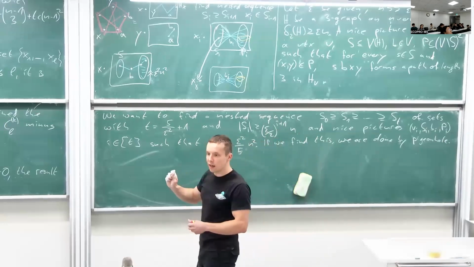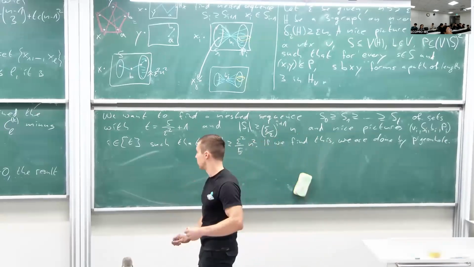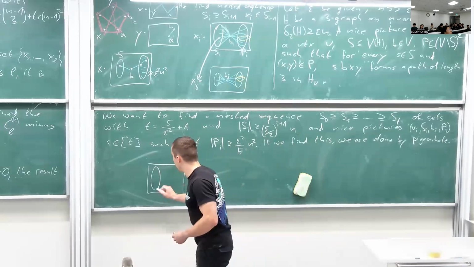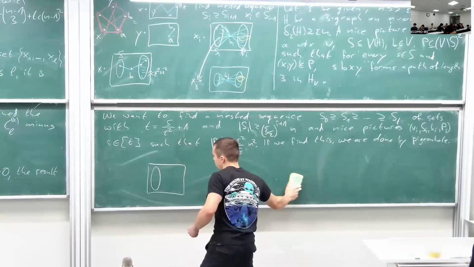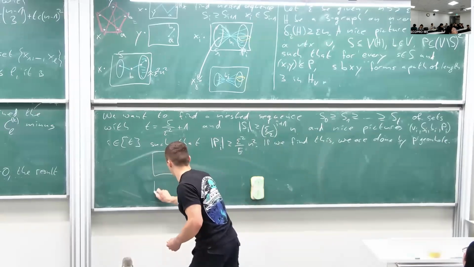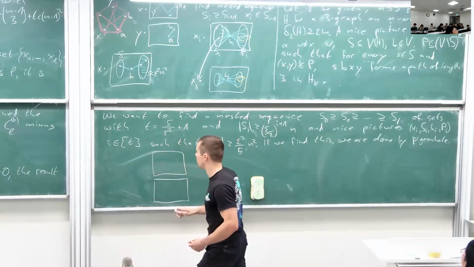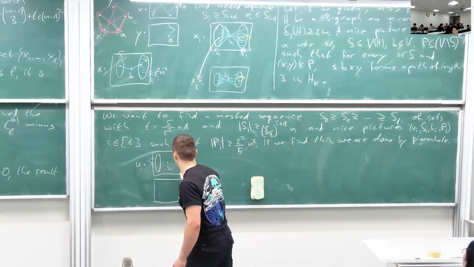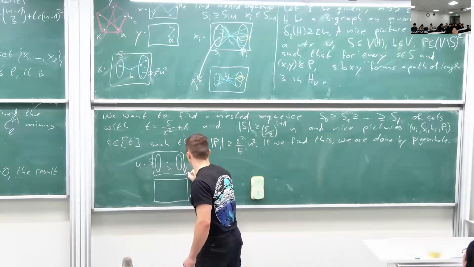So assume that we have constructed the previous pictures. Let's say that we have constructed our previous picture with Vi, some Si here, Vi, and Pi.